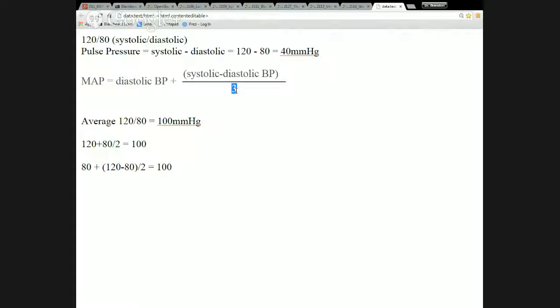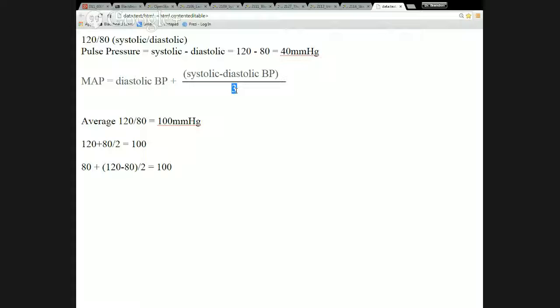For mean arterial pressure, we use 3 instead because the heart is in diastole, or I should say the left ventricle is in diastole for longer than it's in systole. 800 millisecond heartbeat, like we were talking about for the cardiac cycle earlier.